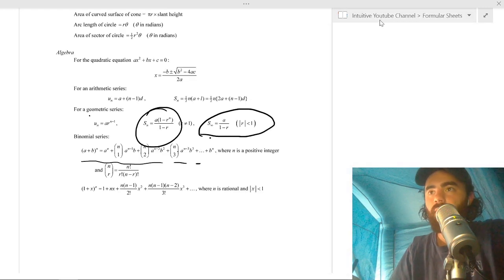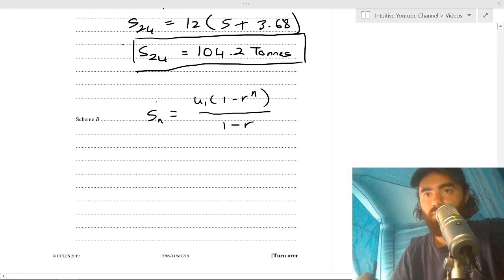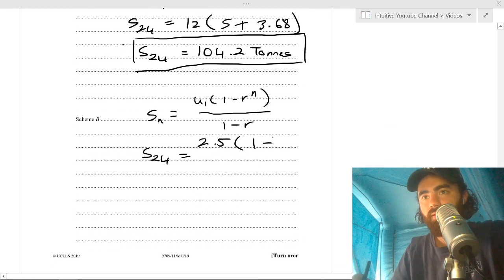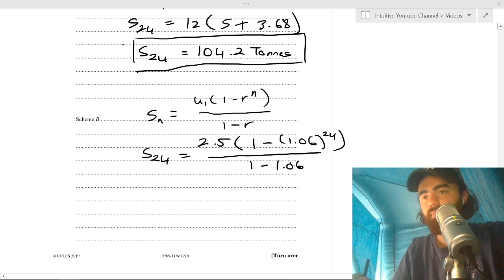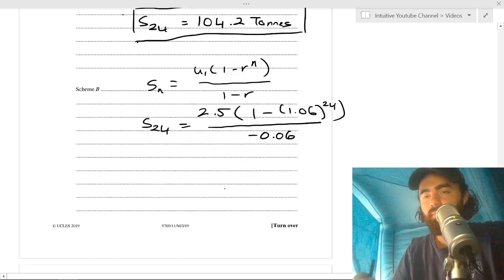Okay, so we want this for 24 months as well. So we get S24, and we have our U1 again is 2.5, and we get 1 minus our r, which is 1.06 to the 24, over 1 minus 1.06, and that will be on the bottom, that will be just minus 0.06.